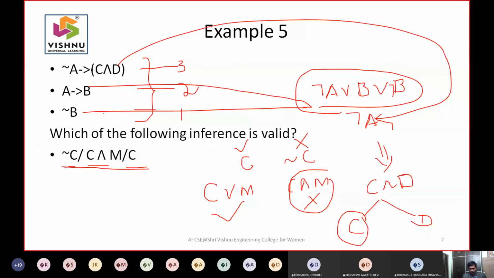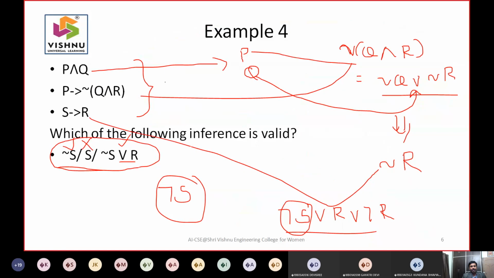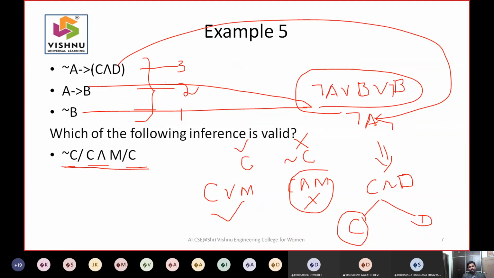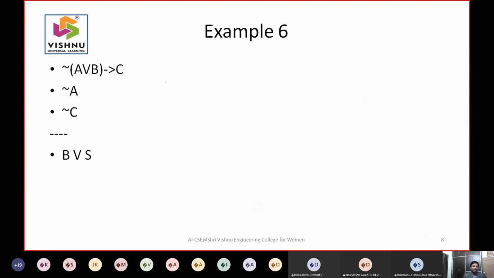So the last part is very important. This example 5 and example 4 I have seen many times, particularly in your external exams. The logic is simple and obvious. So this is actually a simple question. We have only one statement with 3 variables, and the other statements are with 1 variable. So you just need to find out how we can start.